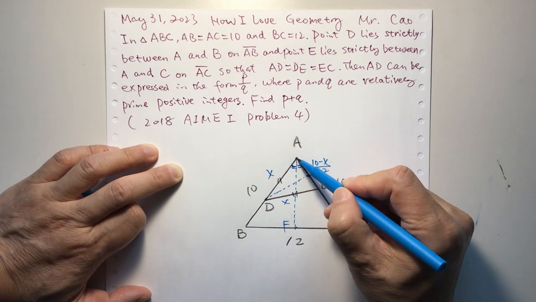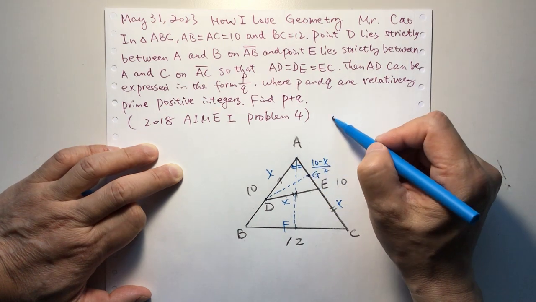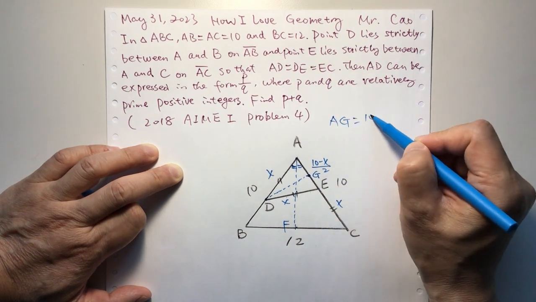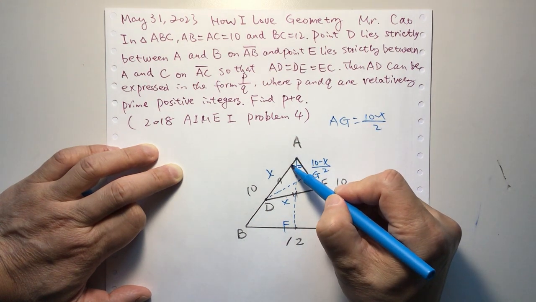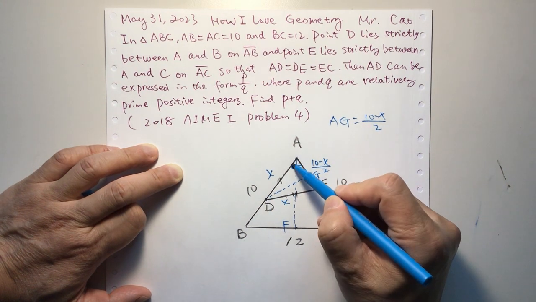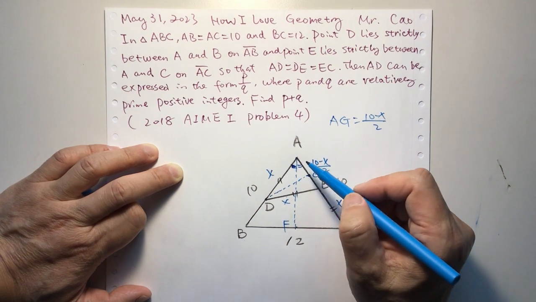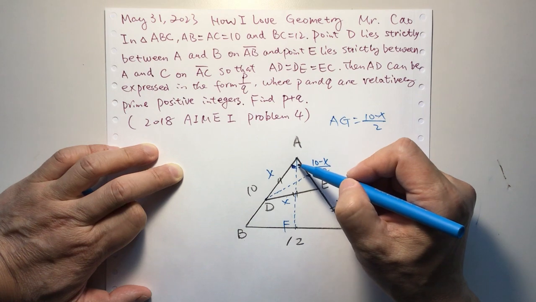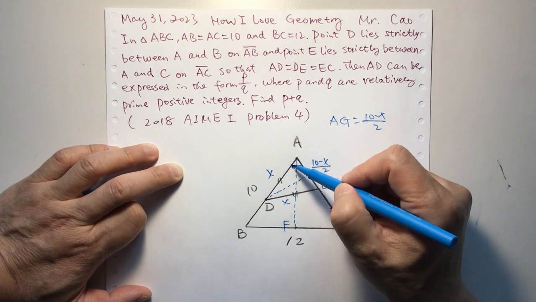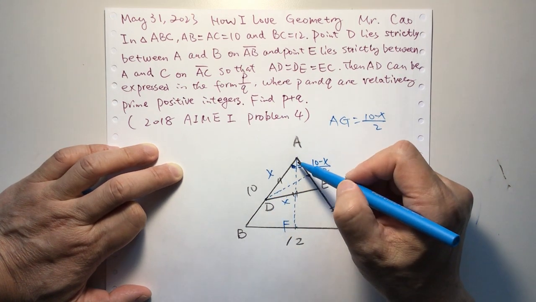That's the length of AG, right? AG equals 10 minus x over 2. And we know AD is x. So we don't need to know DG. We can use AG and AD, the relationship between them.